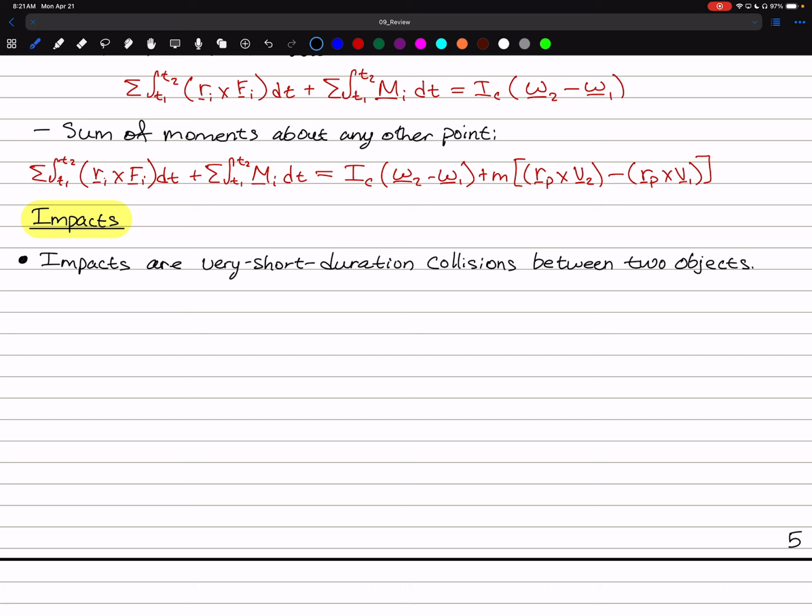All right, there were two types of impacts that we looked at. Those are central and eccentric.